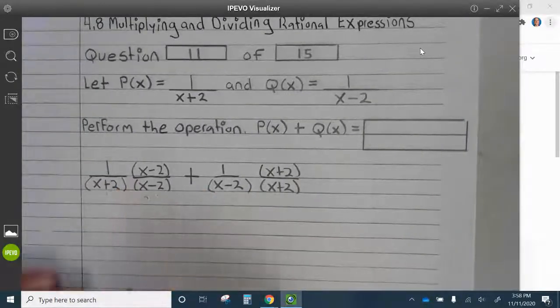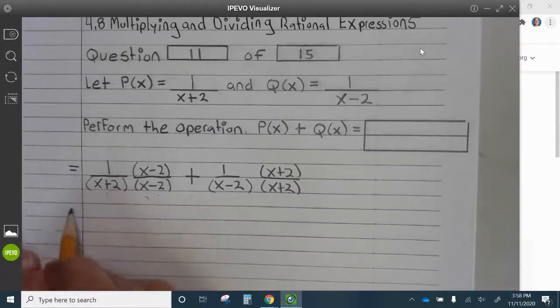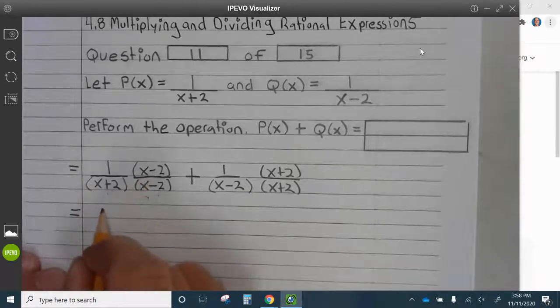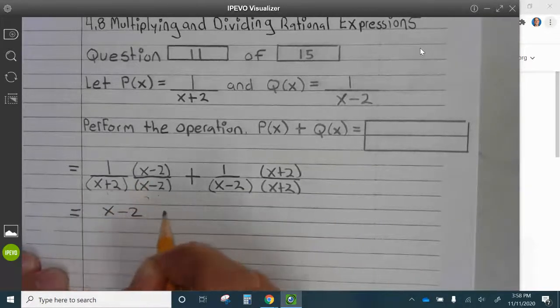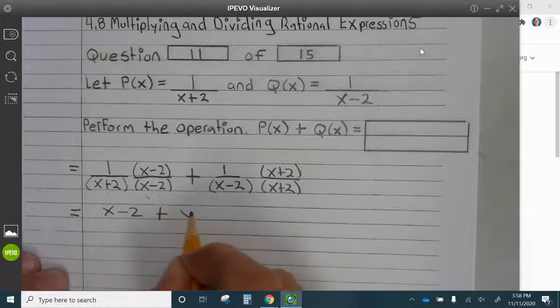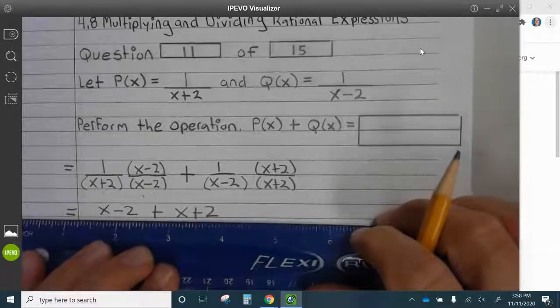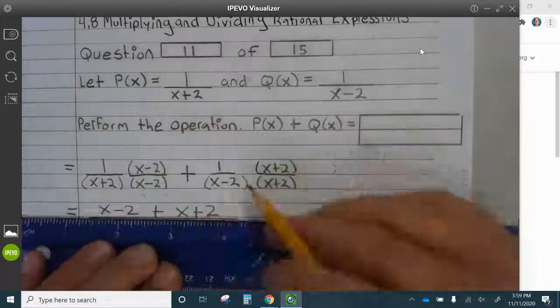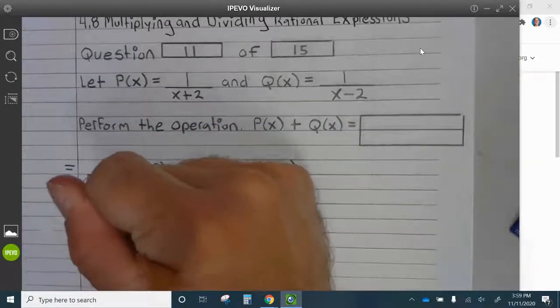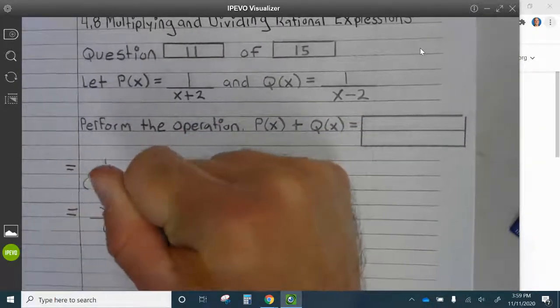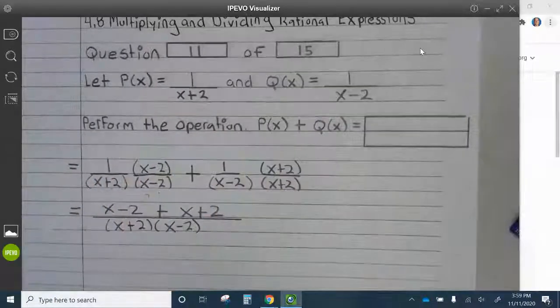Now we can add the numerators. So we have x minus 2 plus x plus 2 divided by x plus 2 times x minus 2.